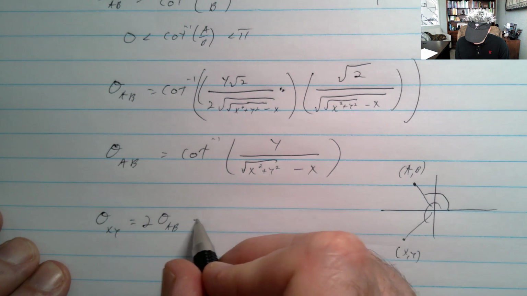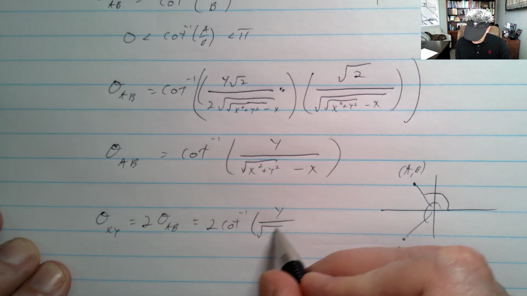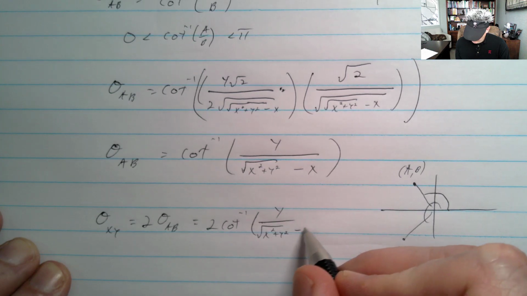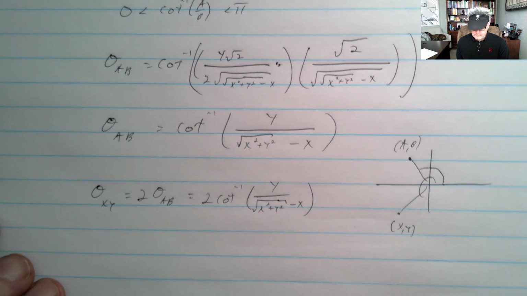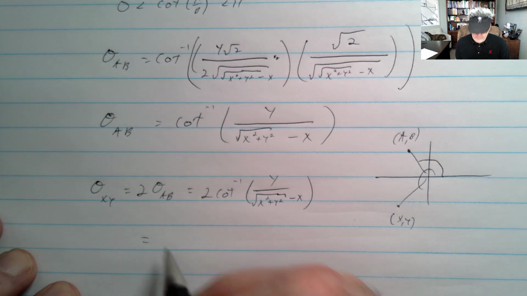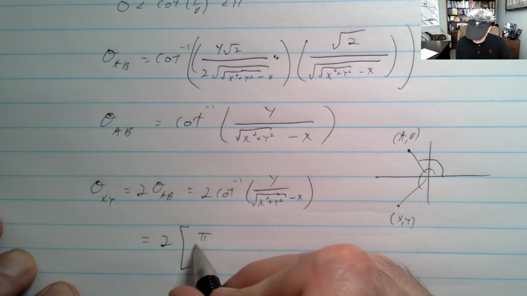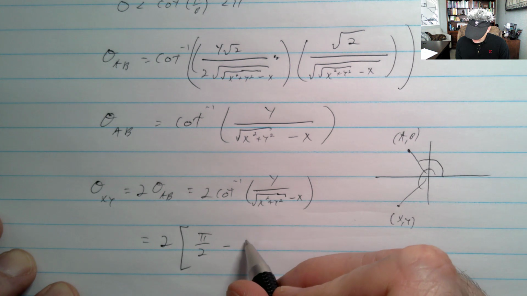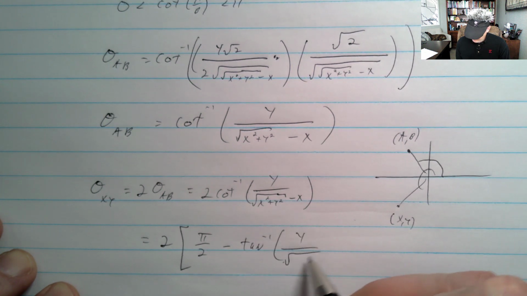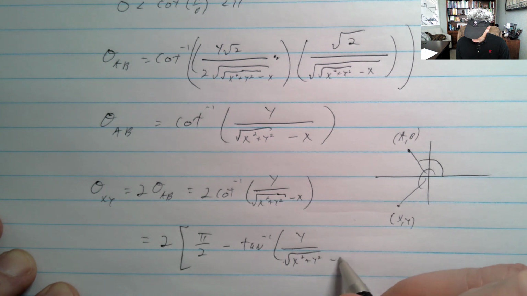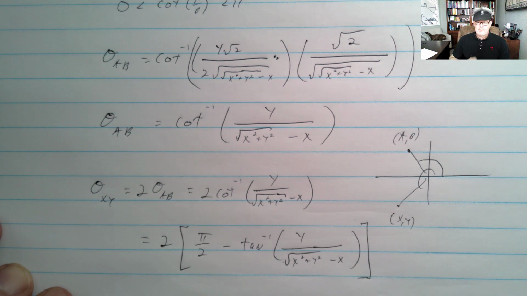So this will just be 2 arc cotangent of y over this square root minus x. And we can also, again, if you don't want to use arc cotangent, you can do 2 times pi over 2 minus arc tangent of the same argument. So that would be the angle.